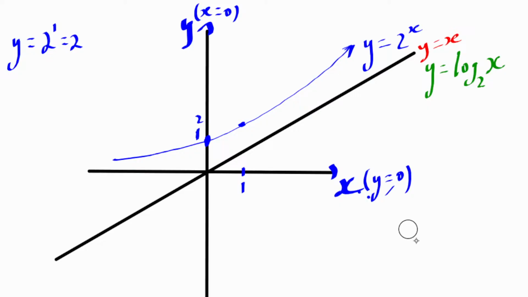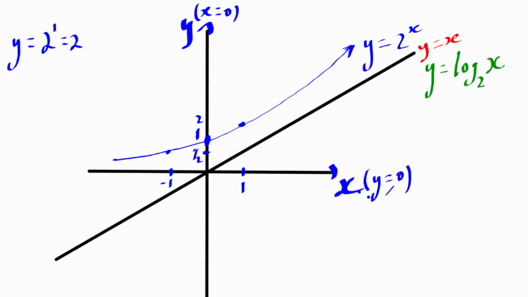That's one point that I'm going to put in. Maybe another point, on the negative x-axis. If I substitute a negative 1, then I'm getting a half. So this point here is a half.